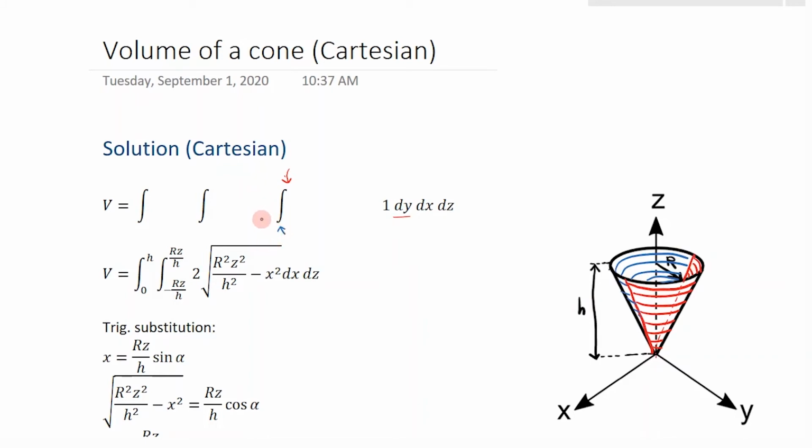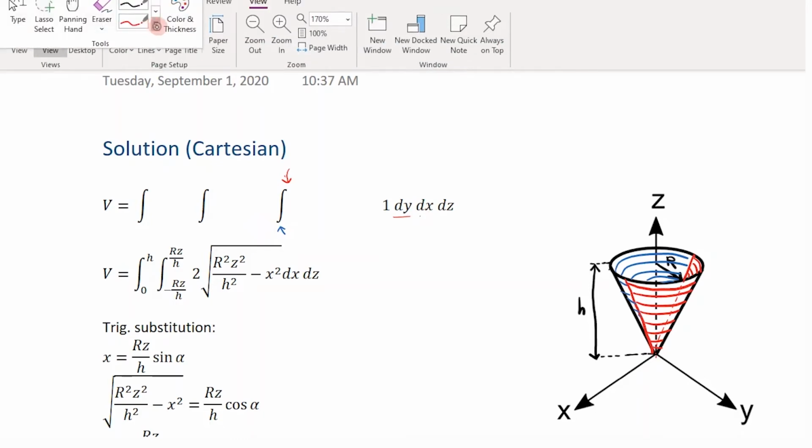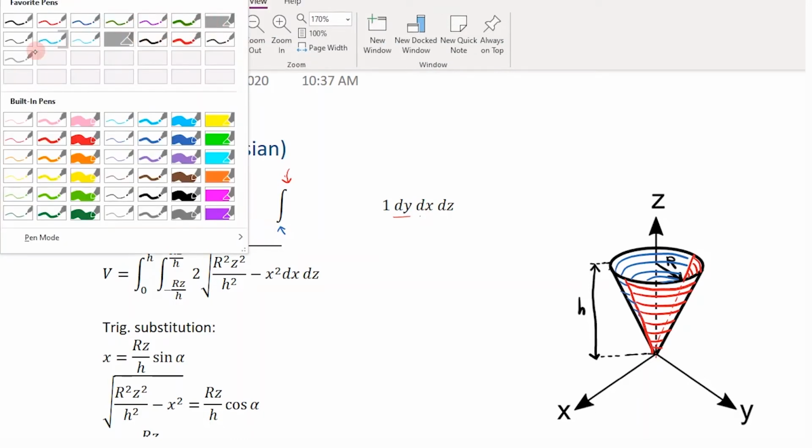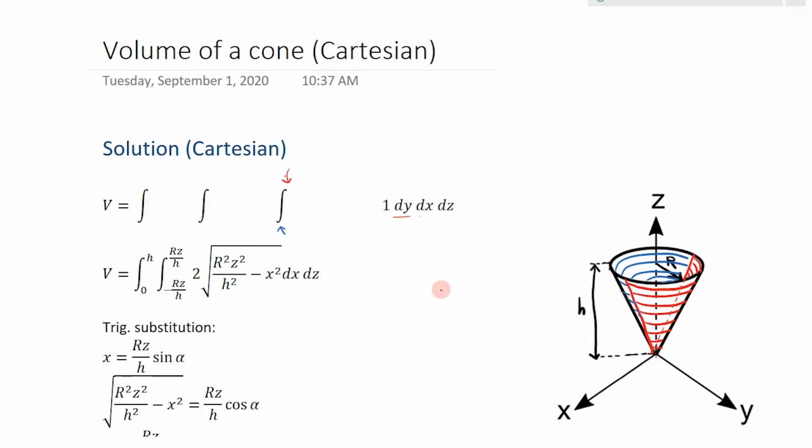Now the bounds on x and z need to describe the projection of this entire volume onto the xz plane. And I'm going to draw the xz plane here separately as well, so you see what's happening. So this would be x, and this would be z.